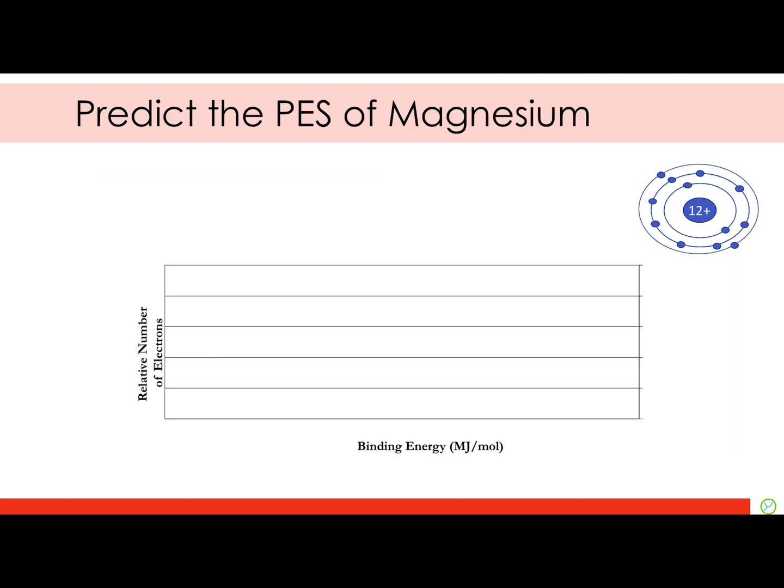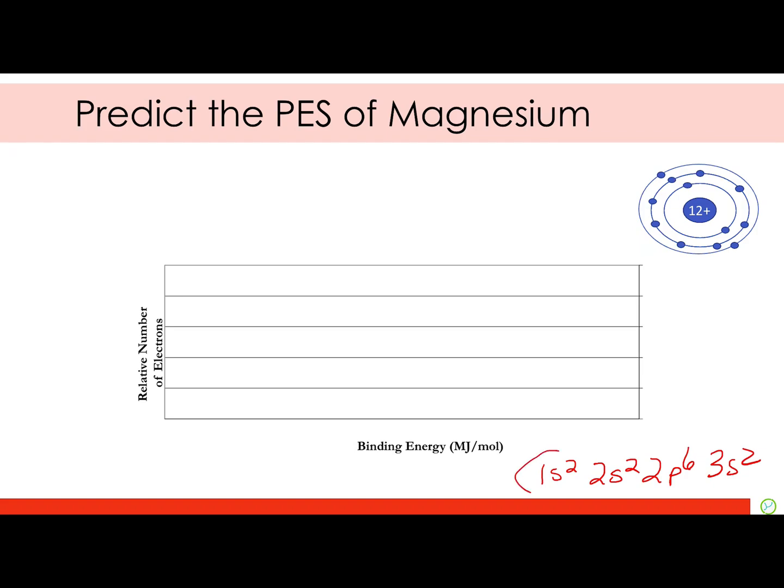And then, so predict magnesium, okay? The electron configuration of magnesium is 1s2, 2s2, 2p6, 3s2. So how many peaks would you expect? Hopefully you'll expect 4.